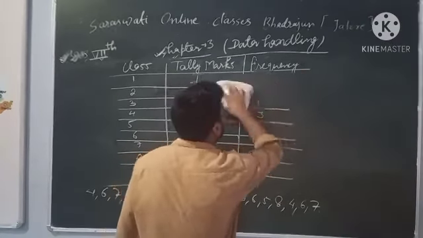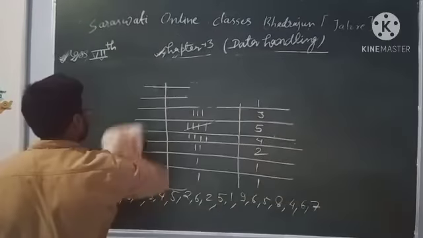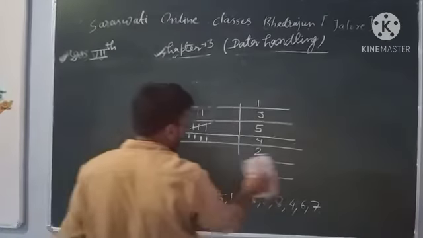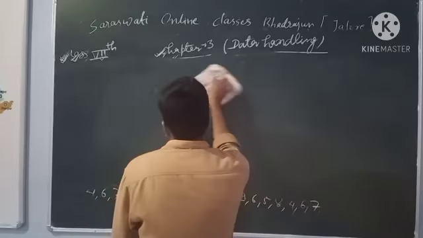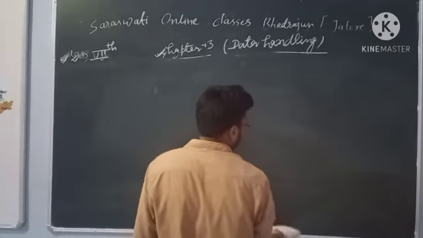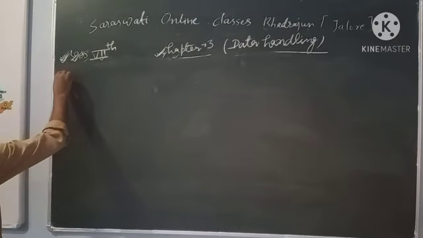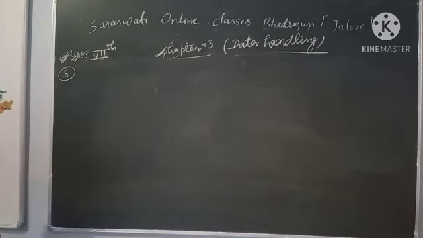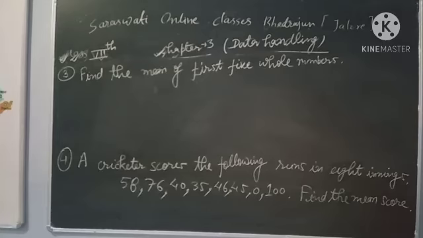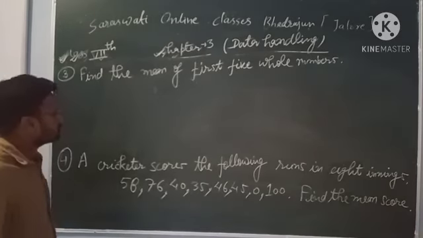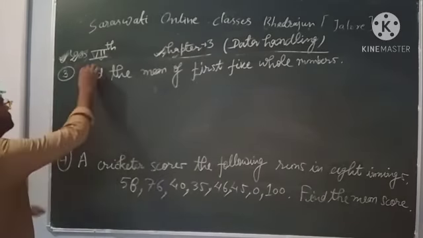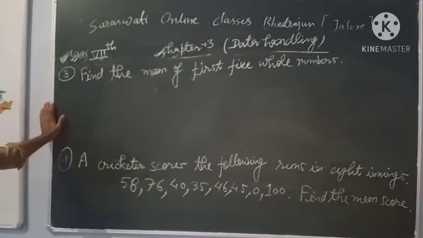Our next question is question number 3, which is: find the mean of first 5 whole numbers.